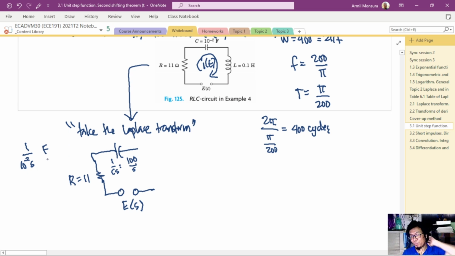The proper unit here is ohms. Let's just write these impedances as unitless, so we don't need to worry ourselves with the units as of now.